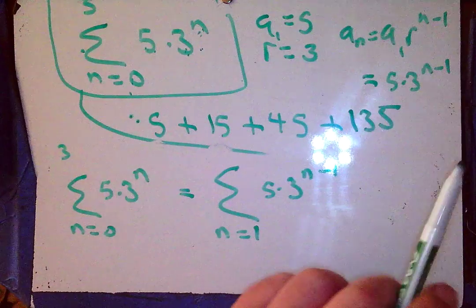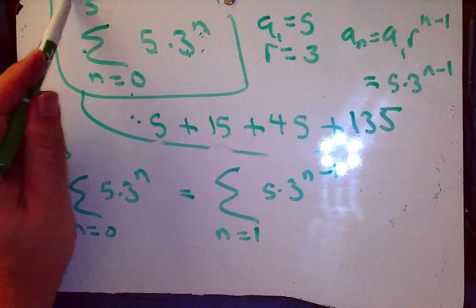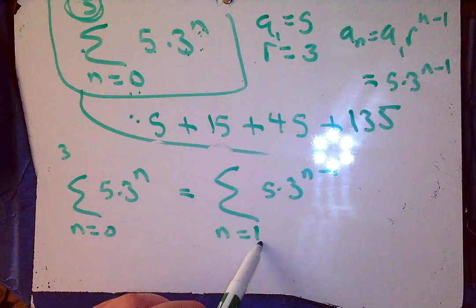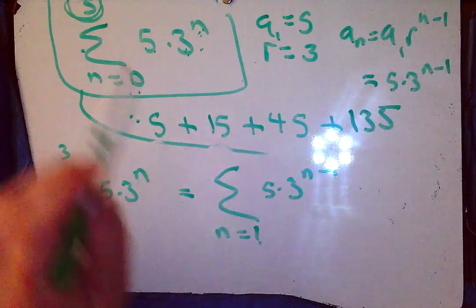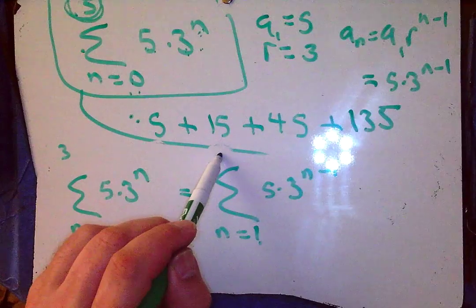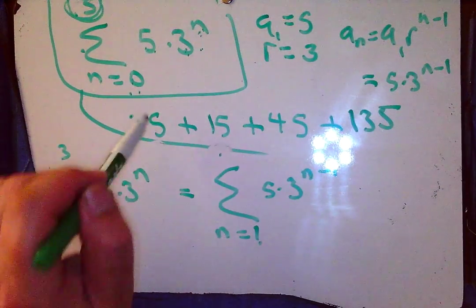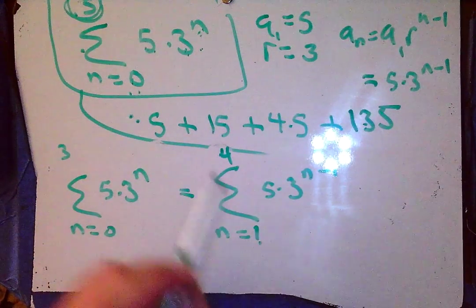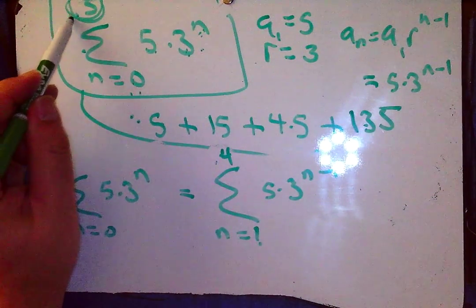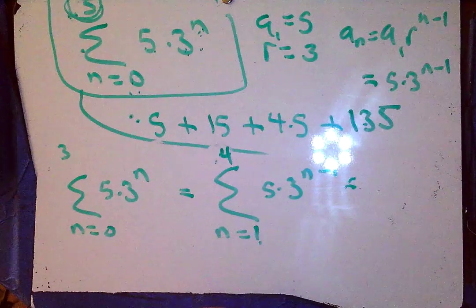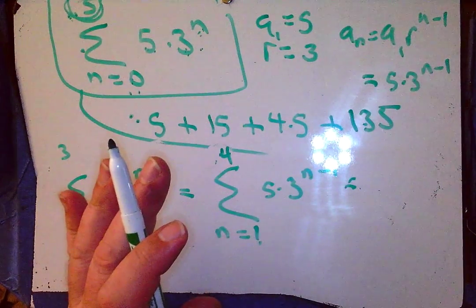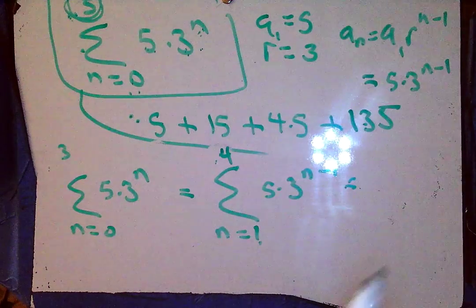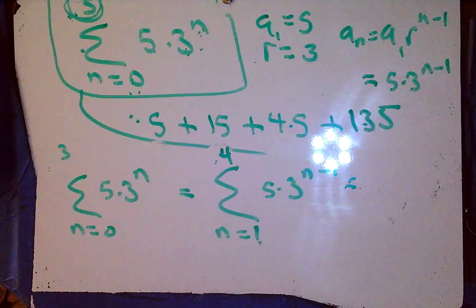But now, what happens to this number? Well, this number is 1 less than this, so this number must be 1 less than this, right? Because I'm adding up 1, 2, 3, 4 terms. So my n is actually 4 in this problem. So first comes the rewriting, and now I can move on to using that sum formula.